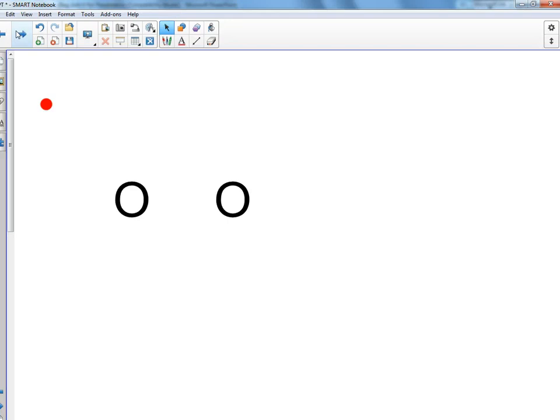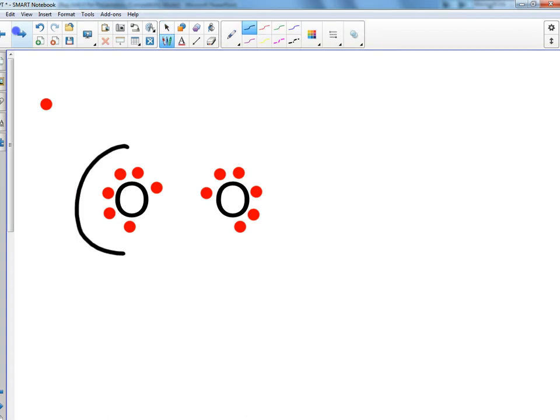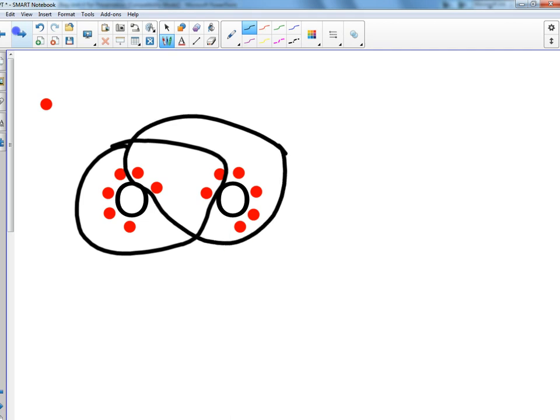Let's look at oxygen. Oxygen is in group 16, so it is going to have 6 valence electrons. So here are 2 oxygen atoms, each with 6 valence electrons. Now, they also would each like to have 8. So what can happen is that this oxygen can share 2 electrons with this oxygen, and this oxygen can share 2 electrons with this oxygen.